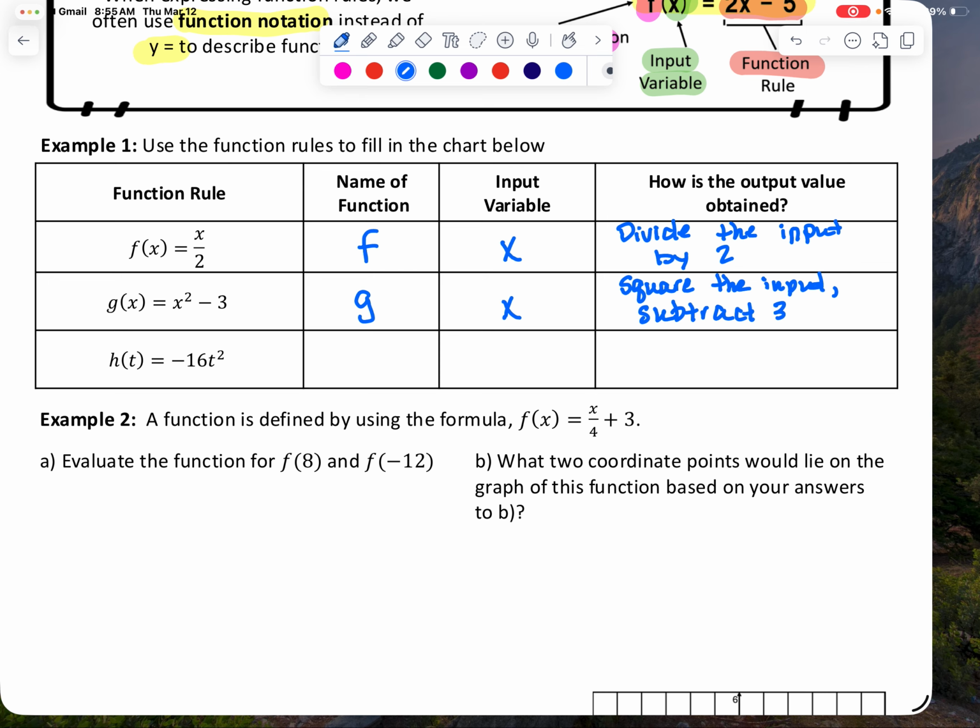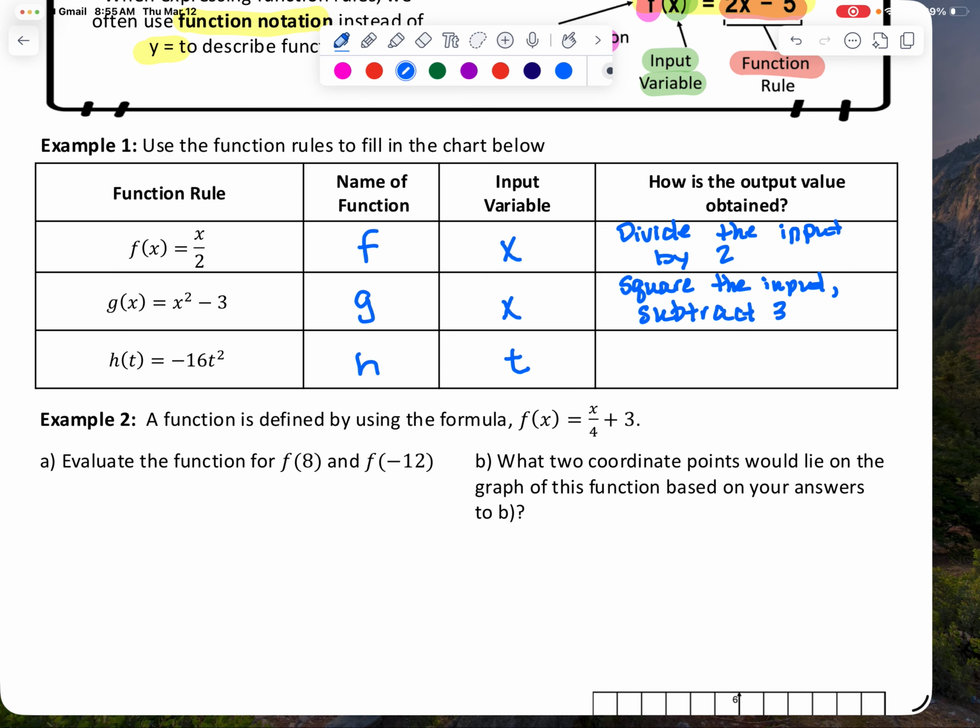3. All right. Our next function, h of t, is equal to negative 16 times t squared. So the name of our function is h. This time our input variable is t. Now, how is the output value obtained? Remember to follow your order of operations.